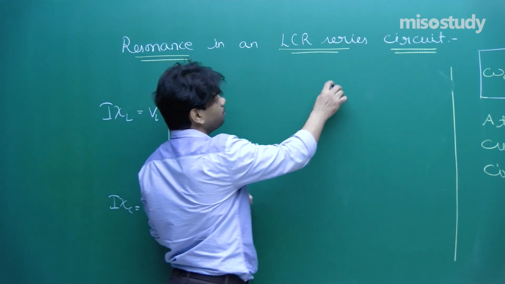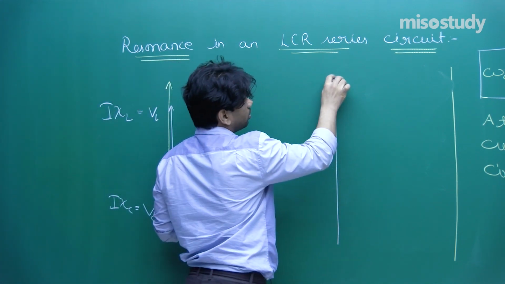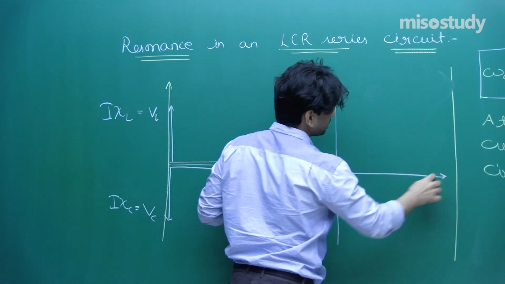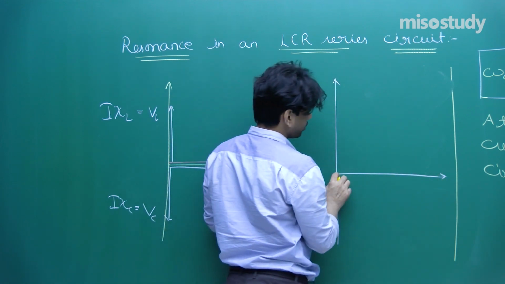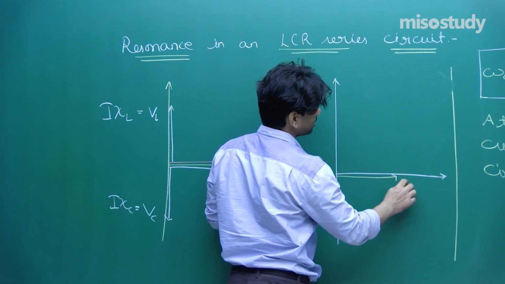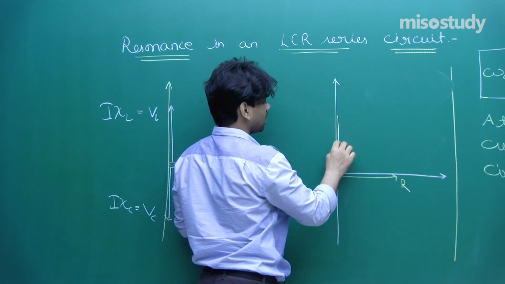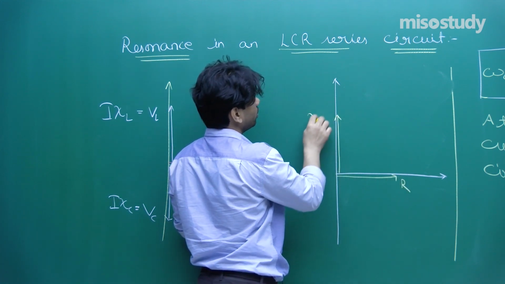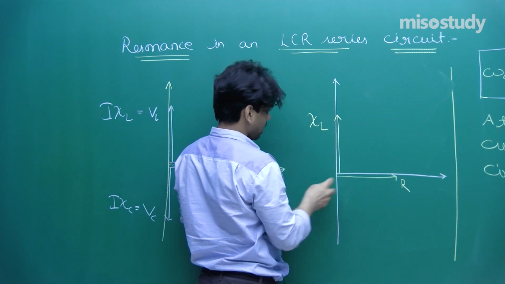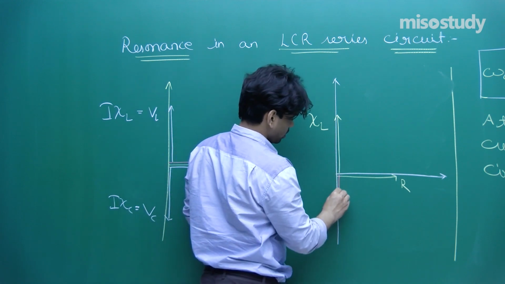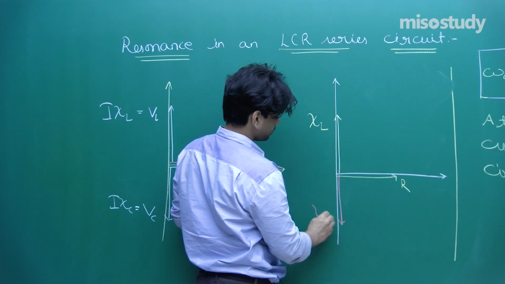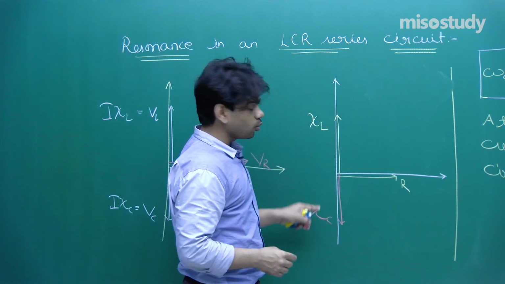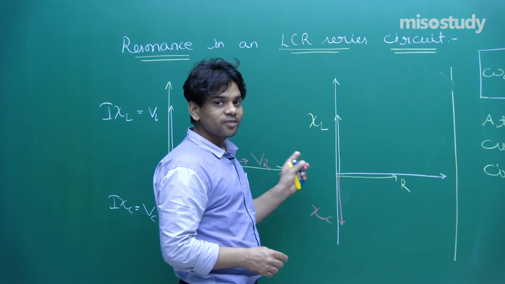Or if I draw the impedance curve, I will be having resistance along the x-axis, and chi L and chi C along the y-axis as shown here. Chi L here, and let me show you chi C. So since both are equal, chi L and chi C will have net effect as 0.